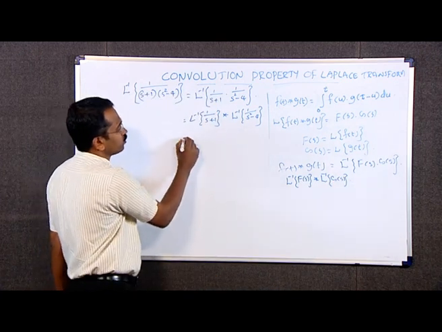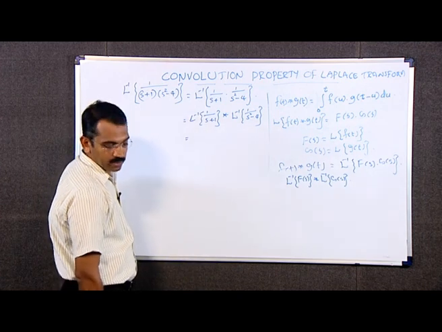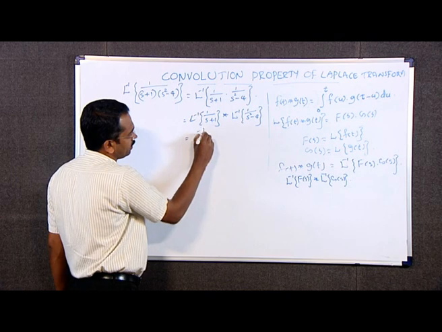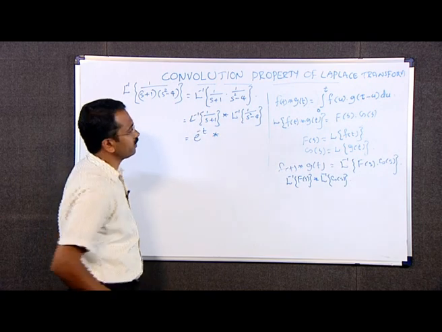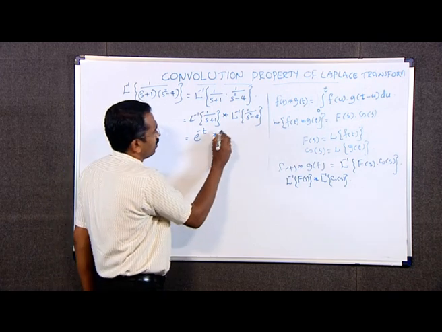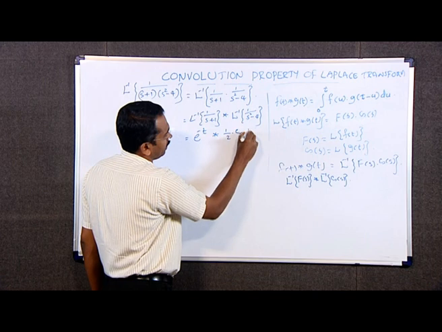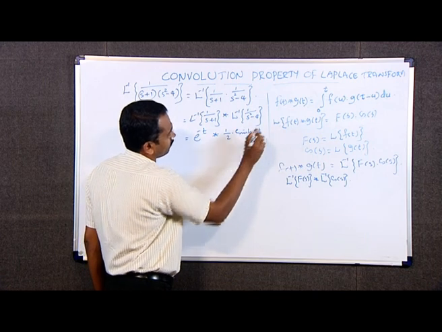Therefore, L inverse of 1 by s plus 1 is e raised to minus t, convolution. L inverse of 1 by s square minus 4 is 1 by 2 into sin h 2t.